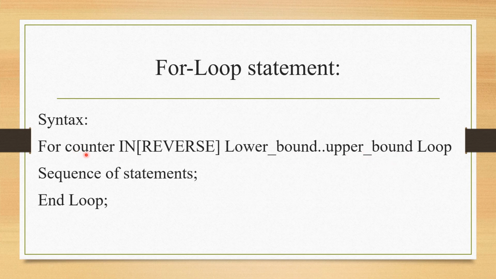And after this variable we are using the in keyword, and this reverse keyword is optional because by default the iteration proceeds upward, that means from lower bound to upper bound, right? And if you want to do it in the reverse order, that means from upper bound to lower bound, in that case we just use the reverse keyword. And then we will use the loop keyword, and that will be followed by the sequence of statements, and we will end this loop, right?